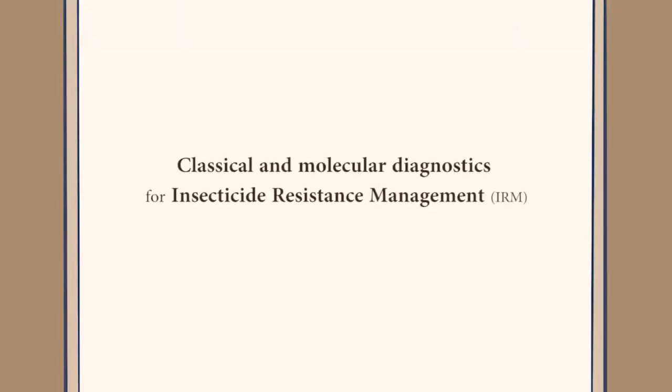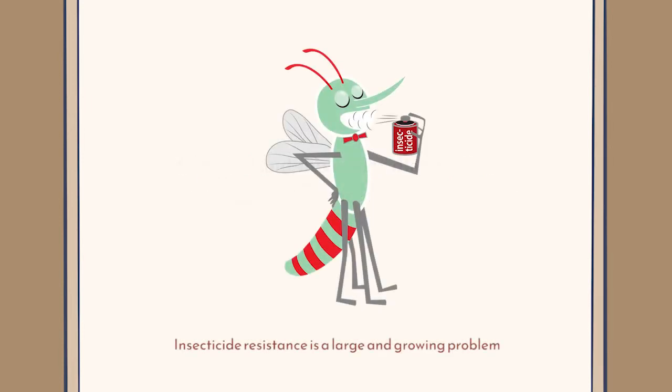In this video, we're going to tell you about how we detect insecticide resistance in insect pest populations using diagnostics. The emergence of insect populations with resistance to insecticides is a really important and growing problem.